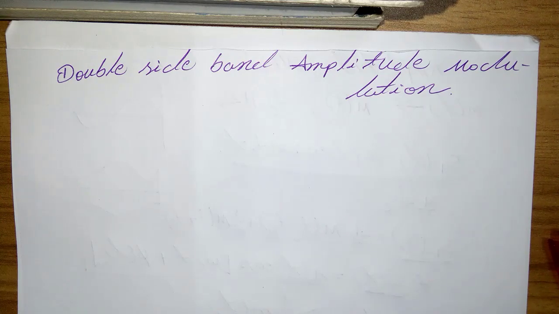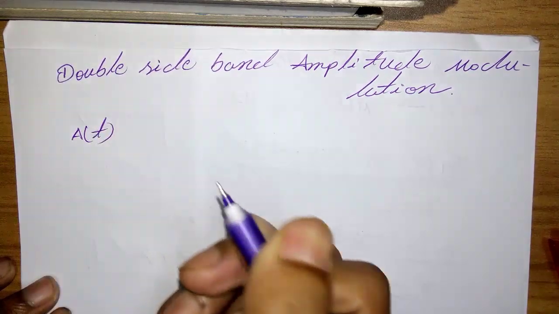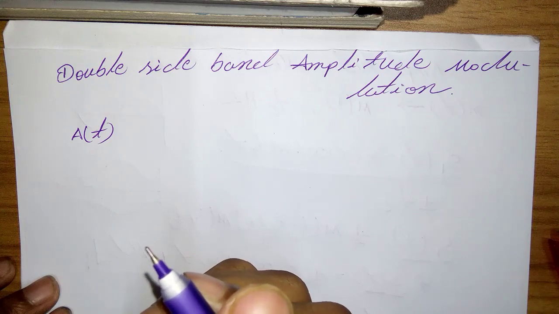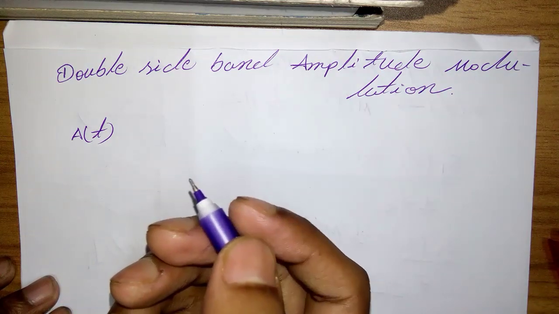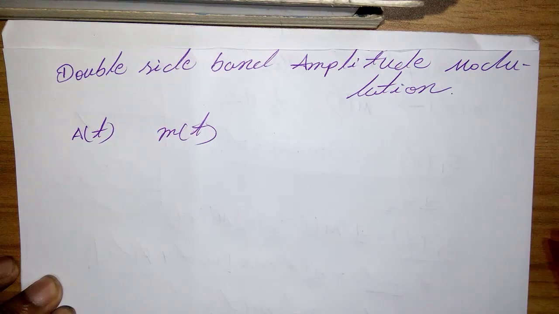So, amplitude modulation is characterized by an information bearing carrier amplitude, like A of t, clear? And that is a linear function of the baseband message. The baseband message signal is indicated by m of t.